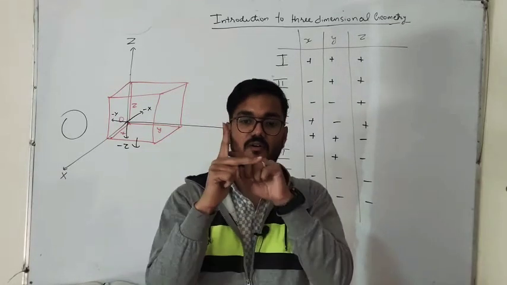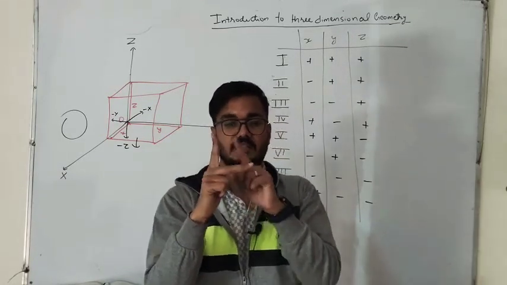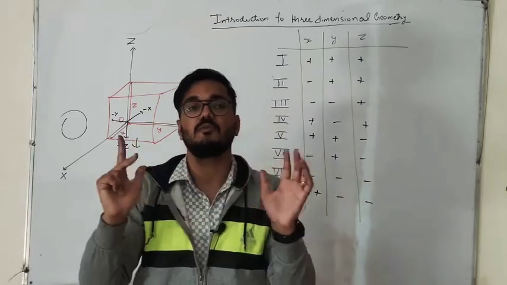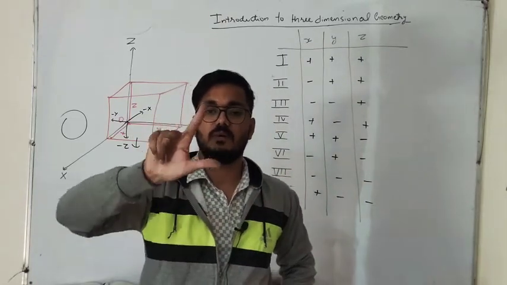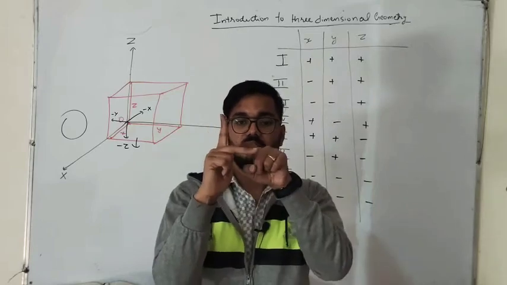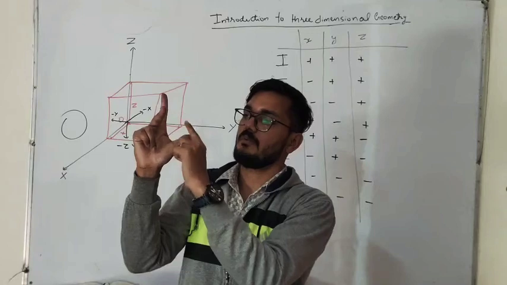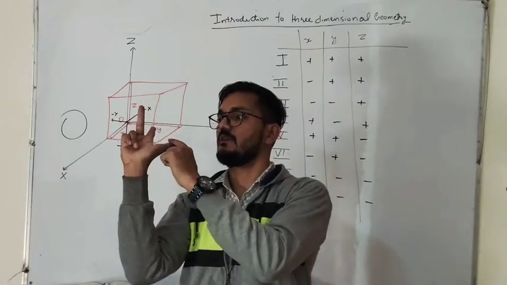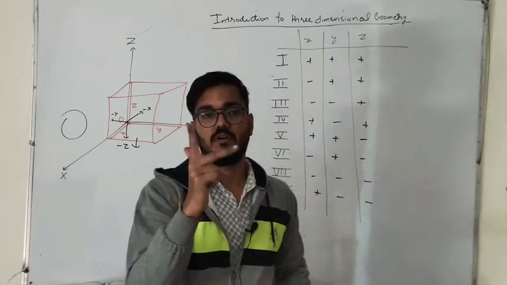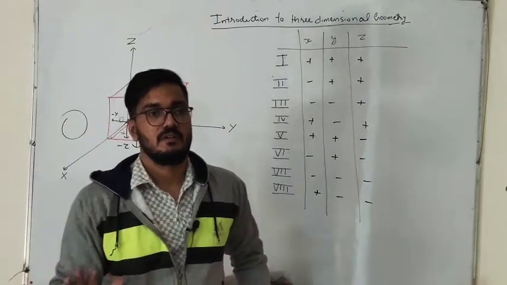These coordinate axes are perpendicular to each other, right? All three of them are perpendicular to each other. This is perpendicular to it, this is also perpendicular to it, and this is also perpendicular to it.